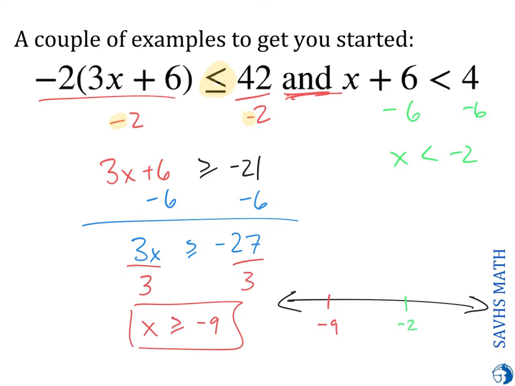So then 0 would be right here-ish. Okay, so it says x is less than -2, and x is greater than or equal to -9. Okay, so where is it true that both inequalities are true? Because this says "and," so I have to have both be true.